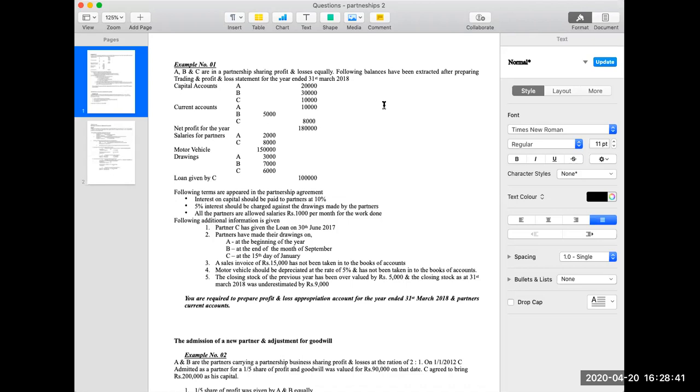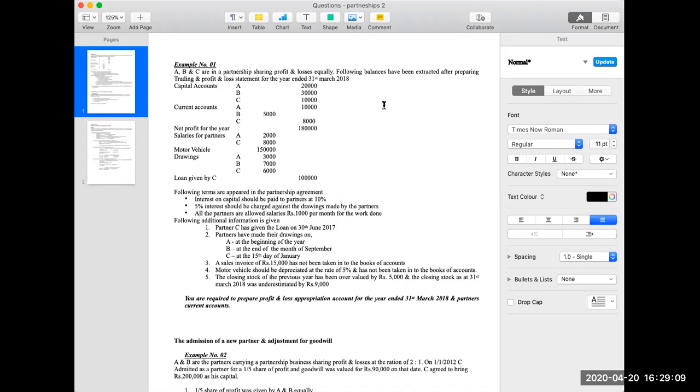You have to draw the P&L appropriation account, which is a T account consisting of 2 columns each side. Then the opening balance is the net profit for the year, 180,000. That is the opening balance, which is coming as a credit entry to the P&L appropriation account.